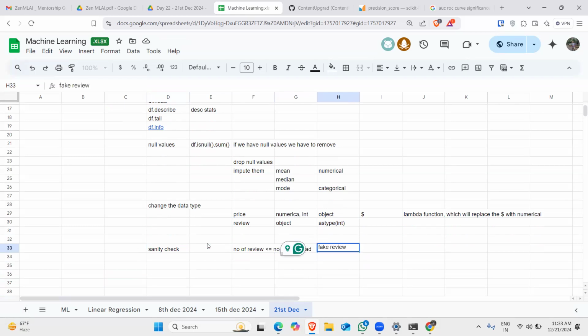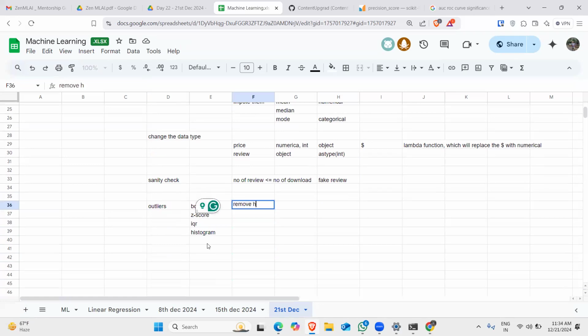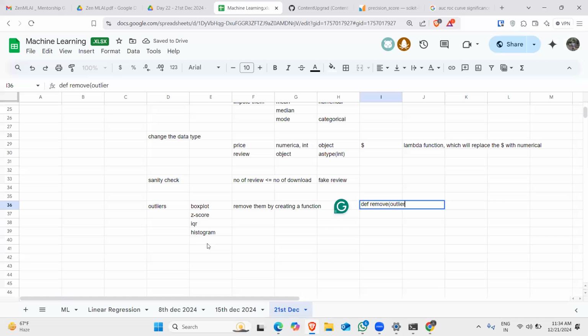You put a condition and remove those. Then we check the outliers by using a box plot, z-score, IQR method, or histogram. The best way to check outliers is by using a box plot, and we remove them by creating a function. What is that function? def remove_outlier.